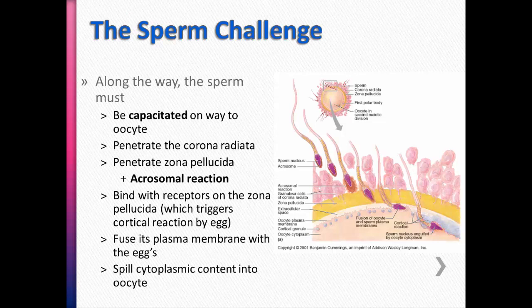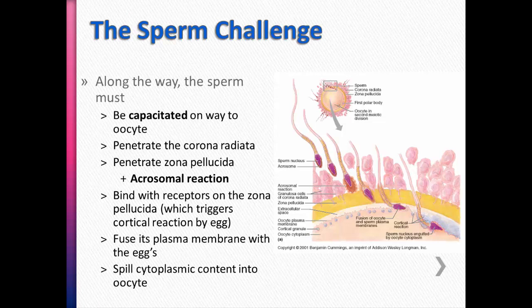Then once they've penetrated that zona pellucida, they have to bind to receptors, and that's going to end up triggering a cortical reaction, and that's where the egg is going to dump some substances into the zona pellucida and prevent any more sperm from binding, and we'll look at that in more detail later.